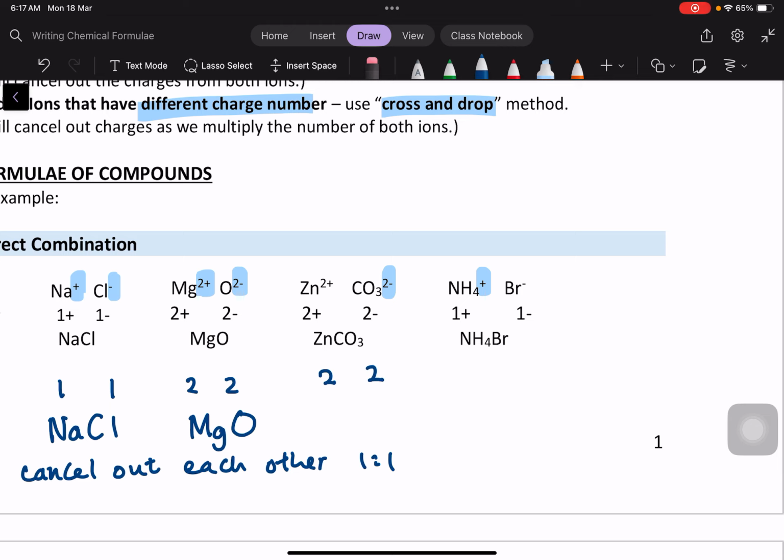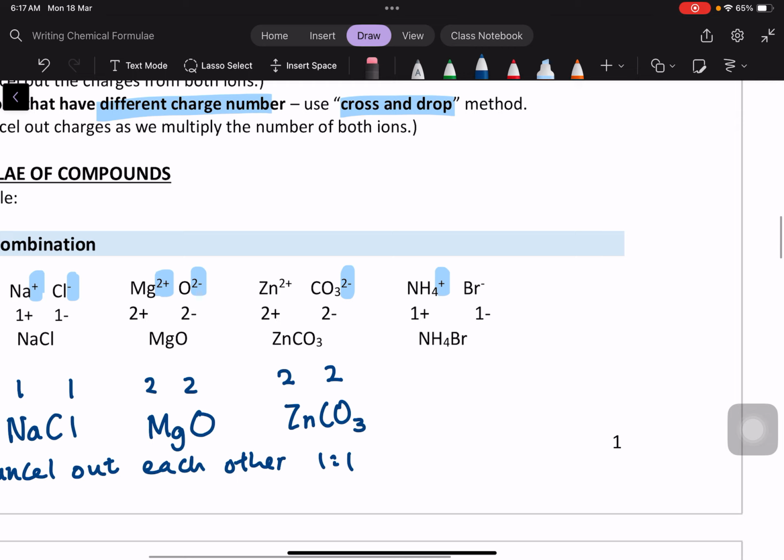The charges cancel out one another with a ratio of 1-to-1. Hence you use direct combination by combining these 2 ions without adding any extra numbers. The O3 remains as O3 because that's the original number to form 1 carbonate. So you just copy down the 3 as it is part of the formula of carbonate.